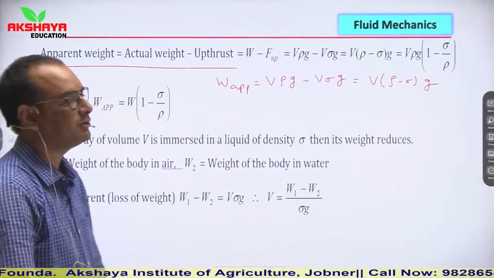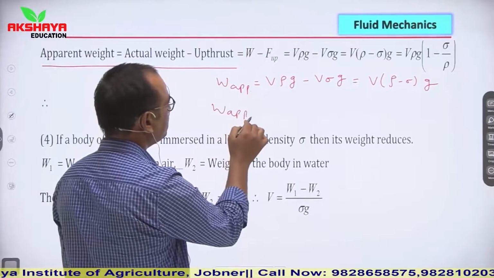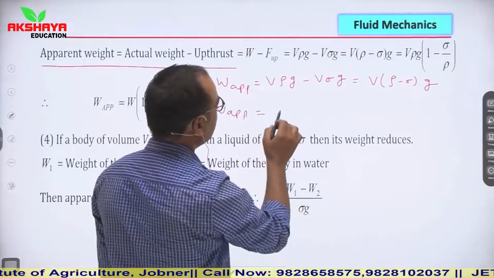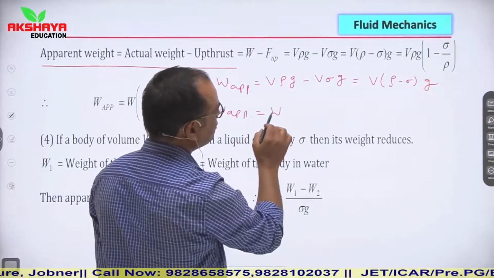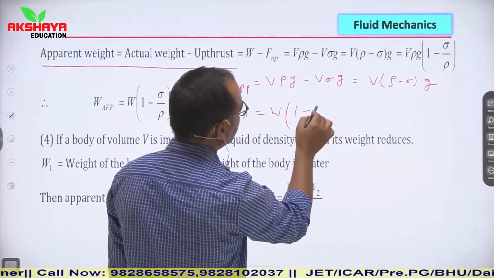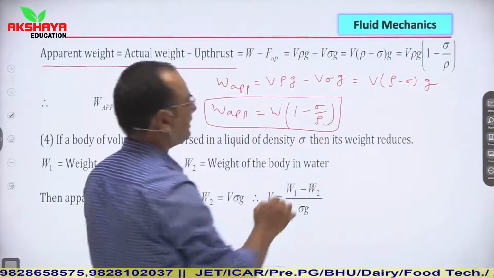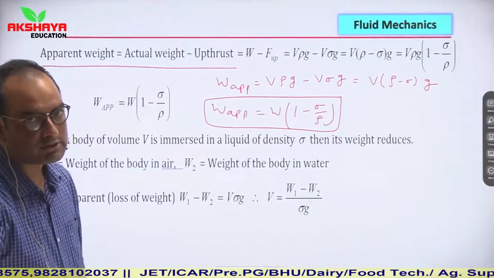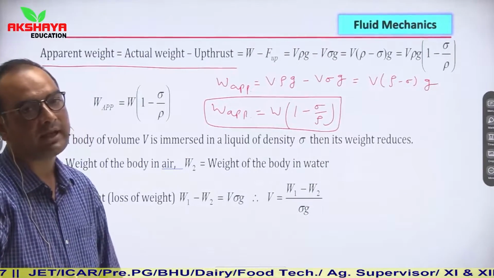Or you can say W apparent is equal to, if we take rho as common, V rho g, and V rho g is W actual, times 1 minus sigma upon rho. So this is the concept of apparent weight. Apparent weight means the weight experienced by that body in that liquid.